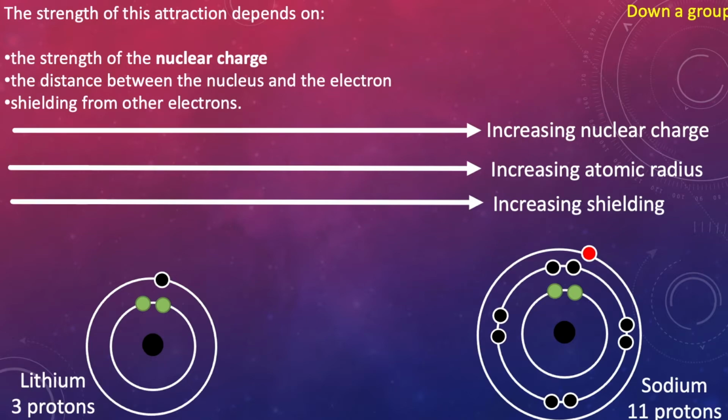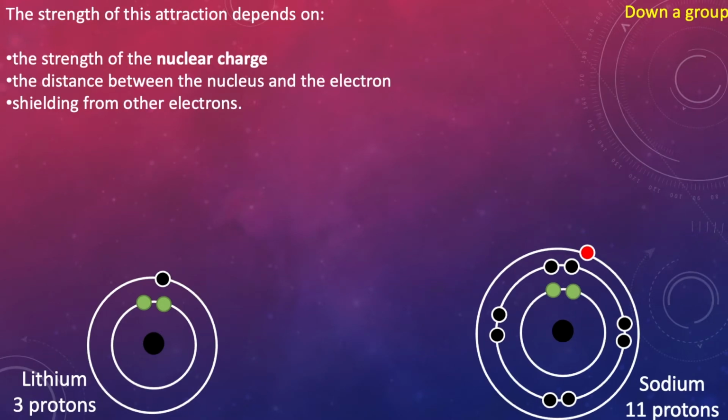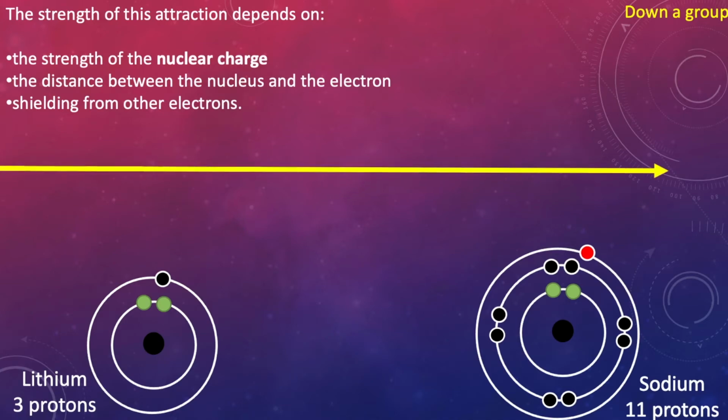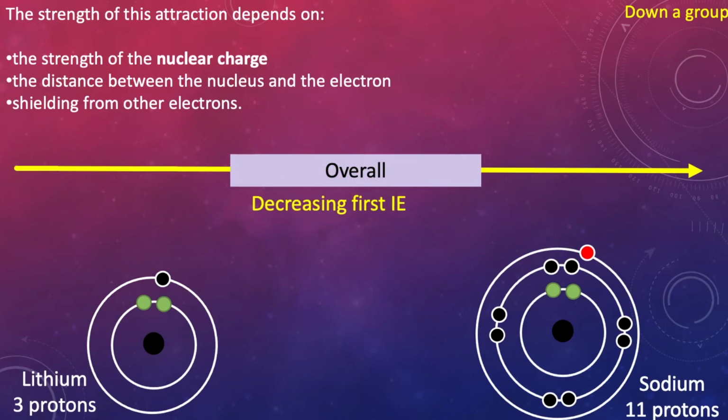Therefore, we have one factor which is going to increase the first ionization energy, that's the nuclear charge, but 2 that will decrease our first ionization energy. When we put these values together, we find that the increase in distance between the nucleus and the electron and the increase in shielding from the other electrons outweighs the increase in nuclear charge, and therefore overall our first ionization energy actually decreases as we go down the group.